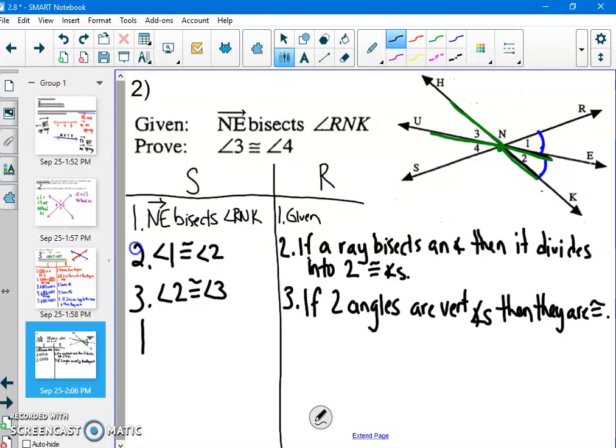Okay, and then we can state that angle 1 is congruent to angle 4 by the same token. Angle 1 and angle 4 are vertical there. Same as number 3.